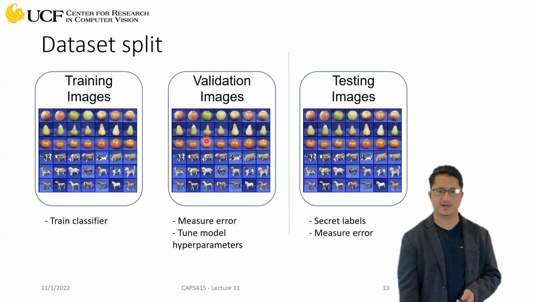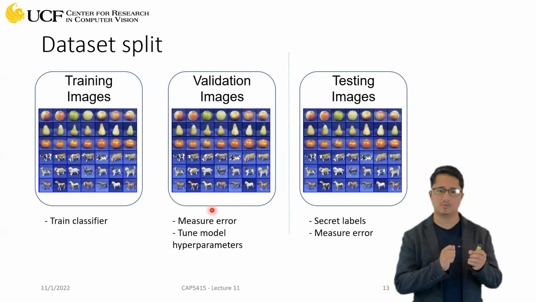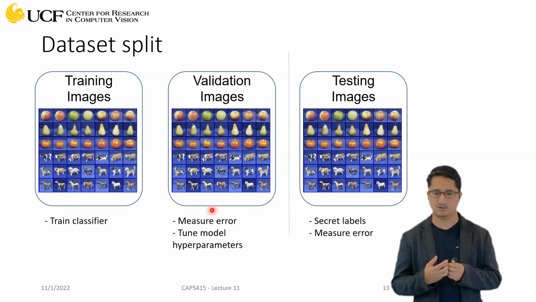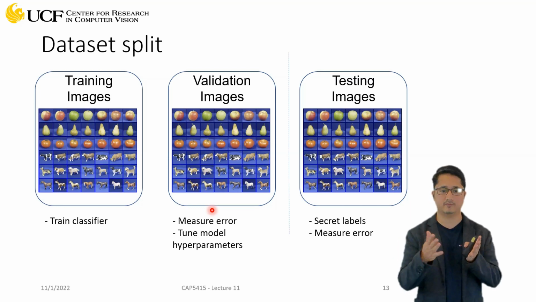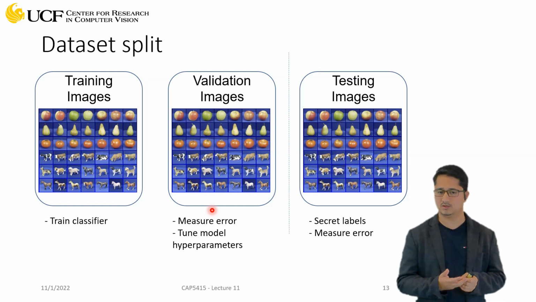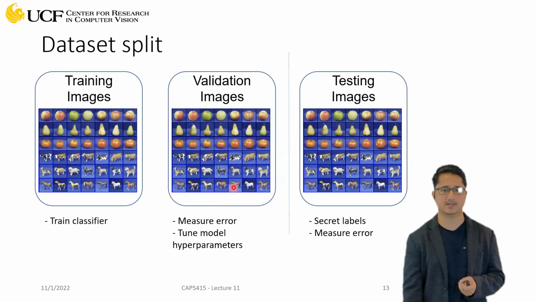The validation images are used when you train your model on the training images and then evaluate on these images, and depending upon whether your model is performing well or not, you can fine-tune your hyperparameters. For example, you can increase or decrease the learning rate, change the number of layers in your model, or use more kernels. All those hyperparameters you can change depending upon how your model is performing on this validation set.